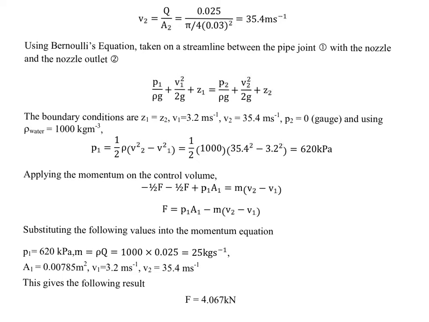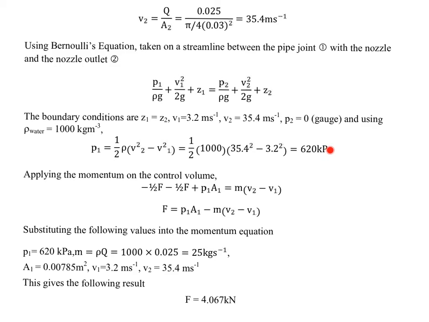Let's now zoom in on the solution for calculating P1. As we said earlier, we know V1, we know V2, Z1 and Z2 are equal, so they cancel out. This is given in the next line, and we solve for the pressure P1.